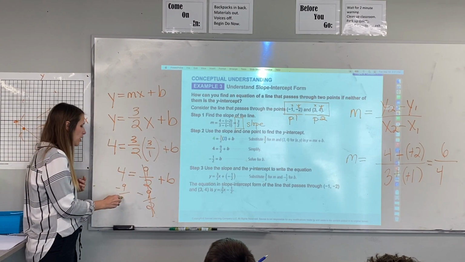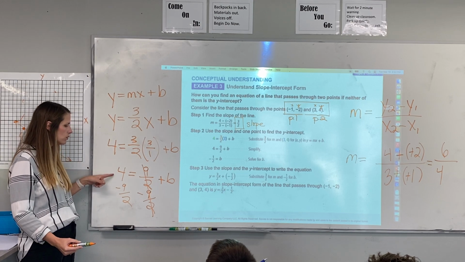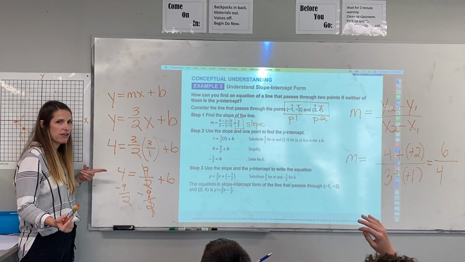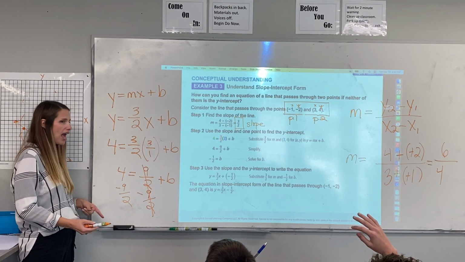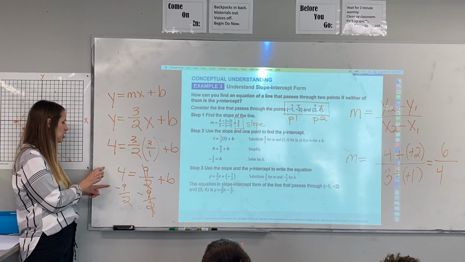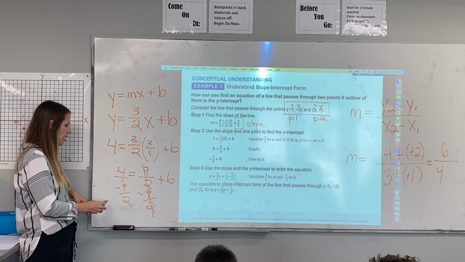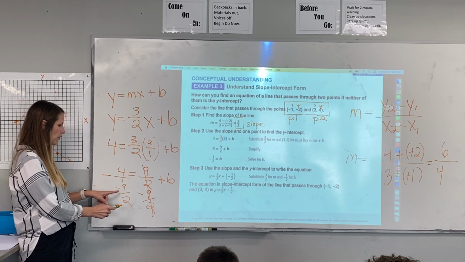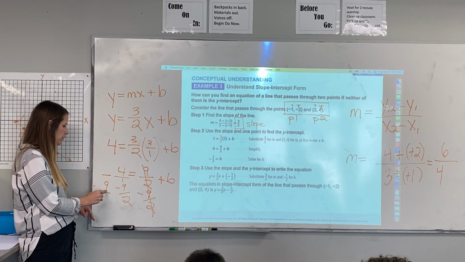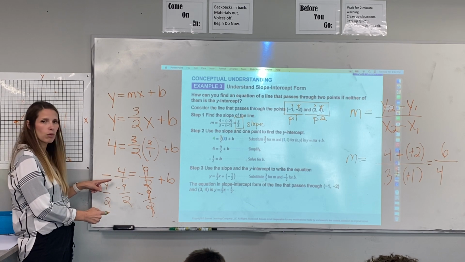This is where Brianna's not gonna like this. Minus 9/2, so ugly, I have a whole number minus a fraction. I have to get common denominators. So I'm gonna put my 4 over 1, 4/1, and keep my 9/2. What would I change 4/1 to?